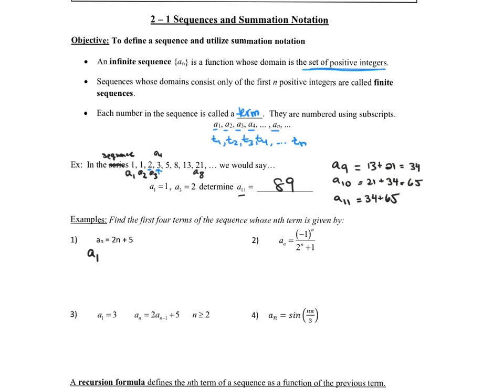So A1 is equal to 2 times 1 plus 5. A2 is equal to 2 times 2 plus 5. A3 is equal to 2 times 3 plus 5. And A4 is equal to 2 times 4 plus 5.